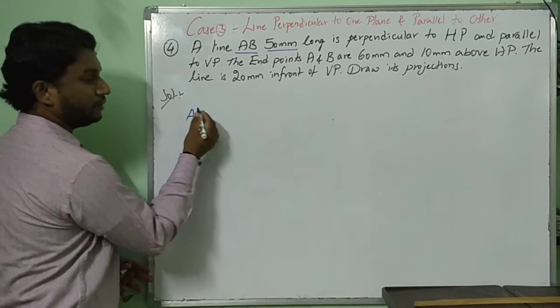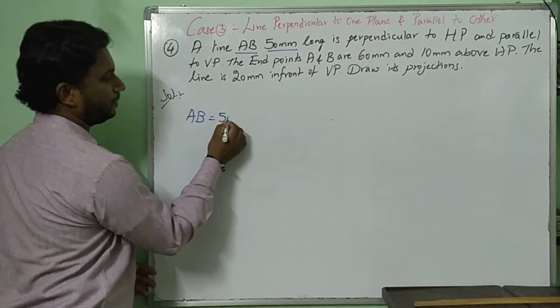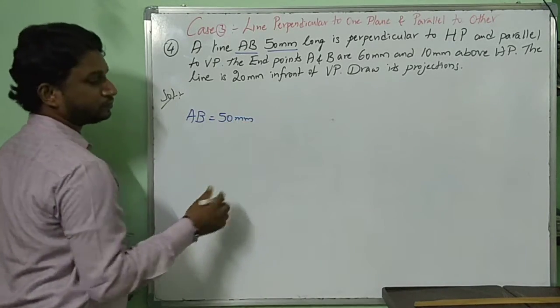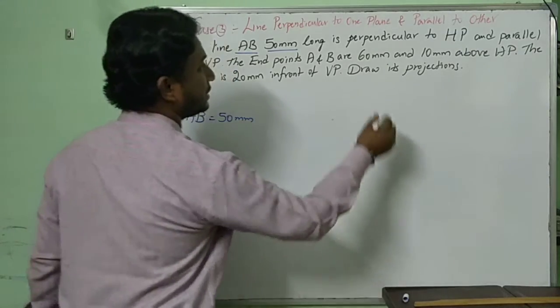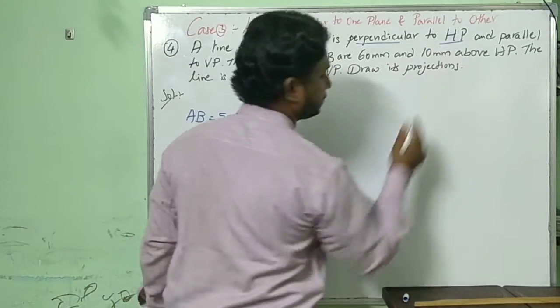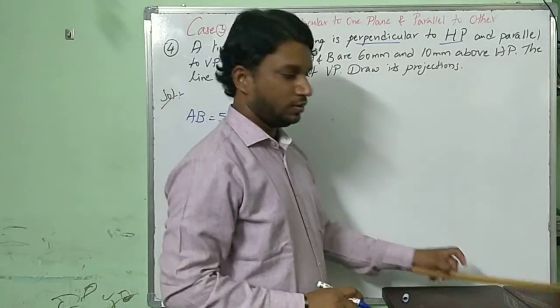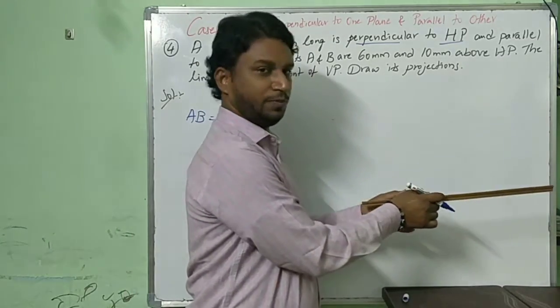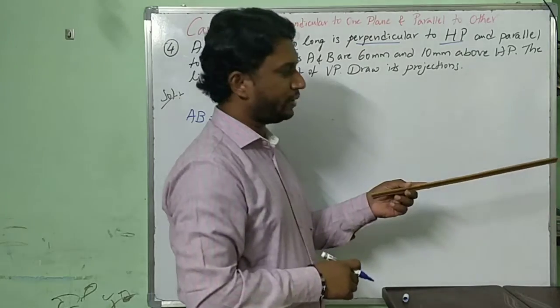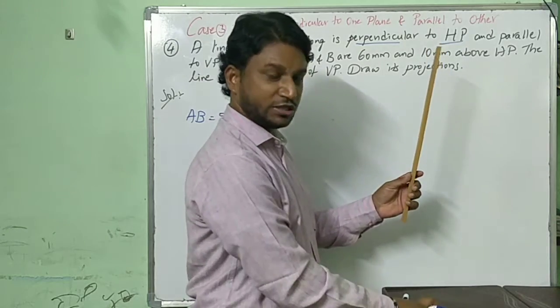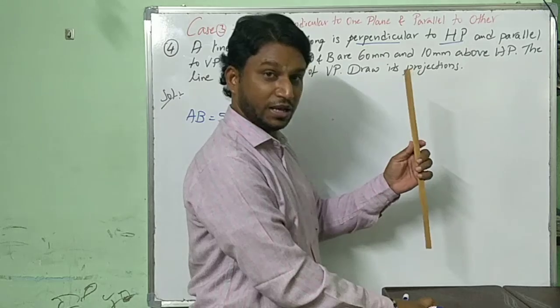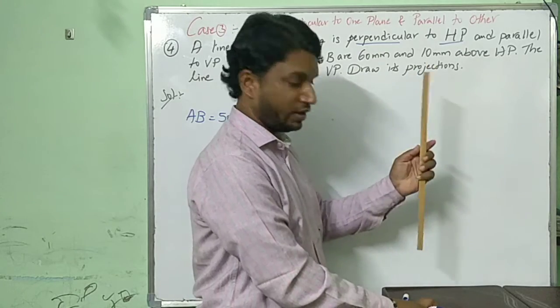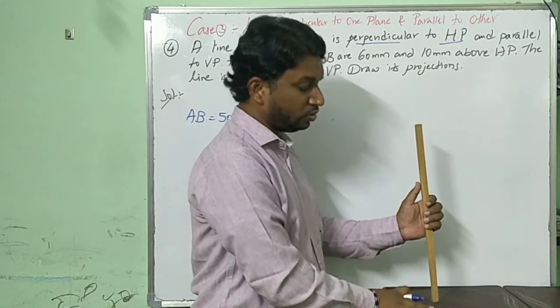As usual, let me write my data. AB given of 50 mm long is perpendicular to HP. This position is line parallel to both HP and VP. Now the line is perpendicular to HP. Now this is HP, line keeping vertical, not horizontal, vertical, perpendicular to HP.